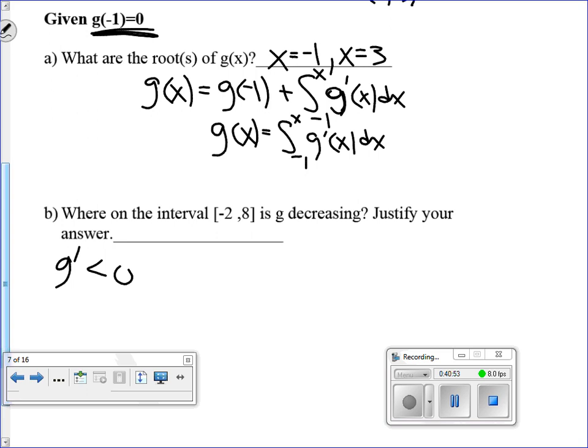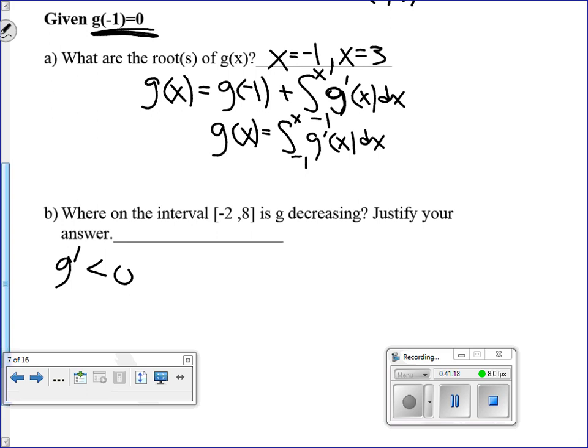And yes, you could definitely include the endpoints, because when you're talking about intervals of increase or decrease, there are other people who are always saying, just strictly when it's negative. So either way, when the derivative is 0, if you want to include it, you can.